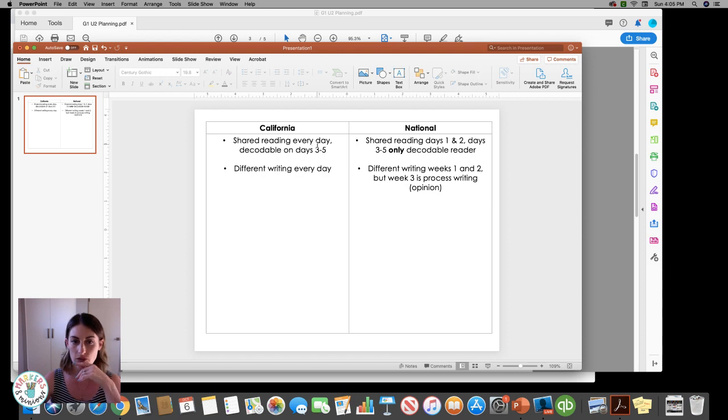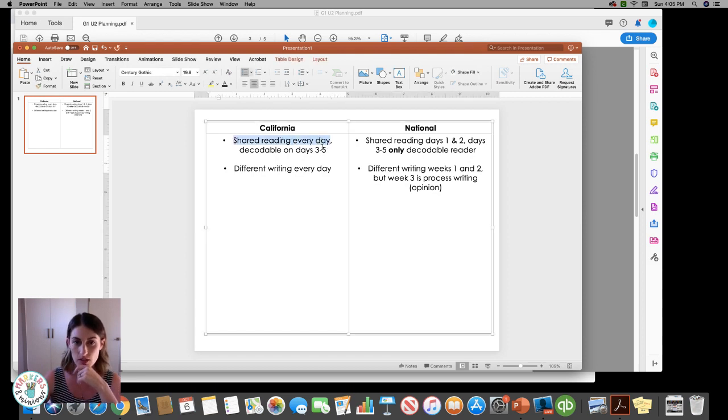So what I noticed in California, we have shared reading every day. That's in addition to the phonics and phonological awareness. Your shared reading is every day, and it brings in a ton of different skills that are around everything, really. Comprehension, phonics review, language review, concepts of print, unit concepts.